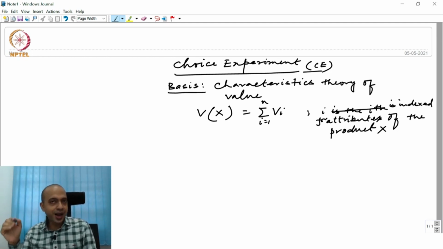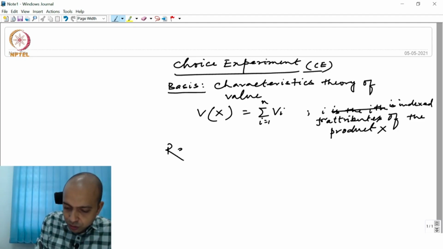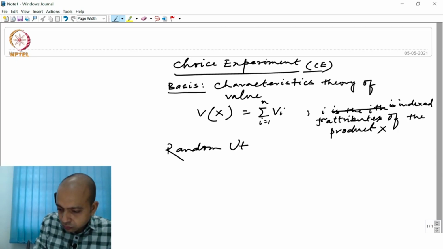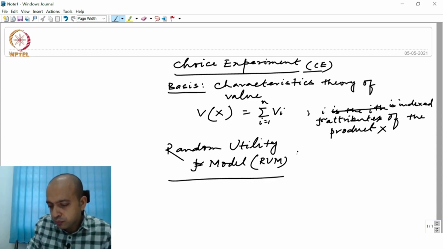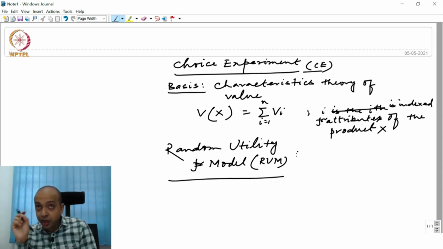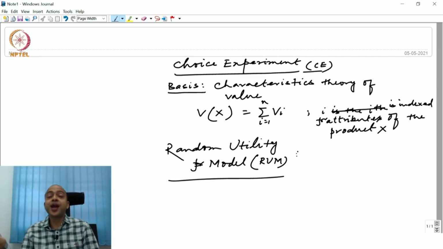Based on that, a random utility model, or RUM, a random utility framework, is used as a theoretical framework to estimate the consumer's willingness to pay for its different attributes.